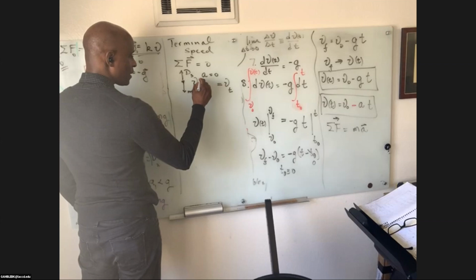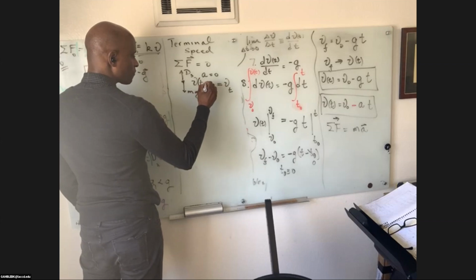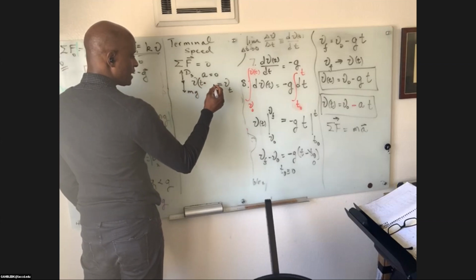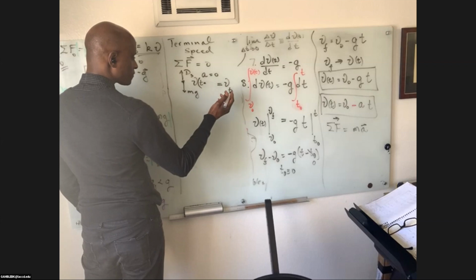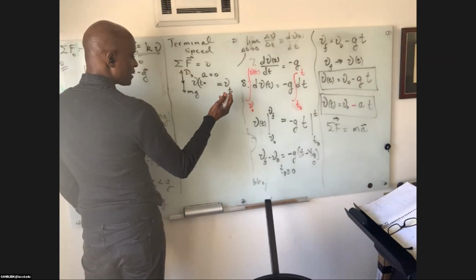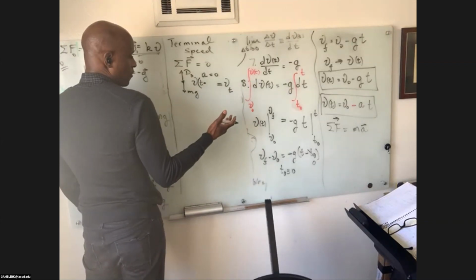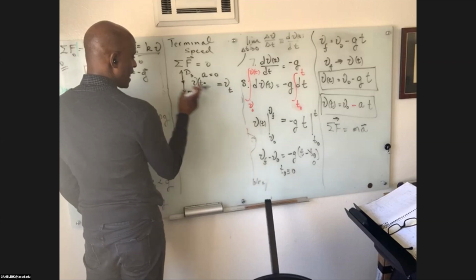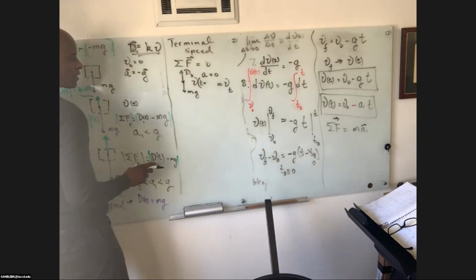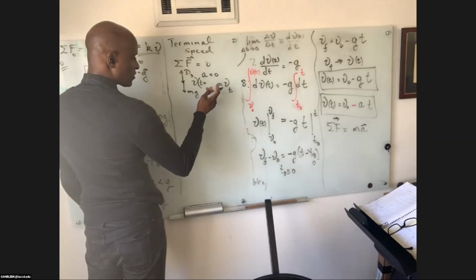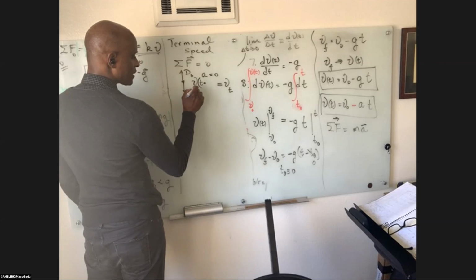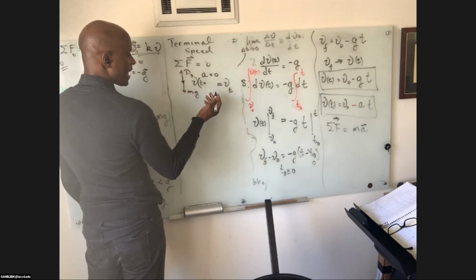Maybe I should put in here, v of t terminal, whatever time it is. It's going to change for different problems, but whatever time it takes the object to go from velocity 0 to its terminal speed, that's a specific time at which it's like the end of that range.